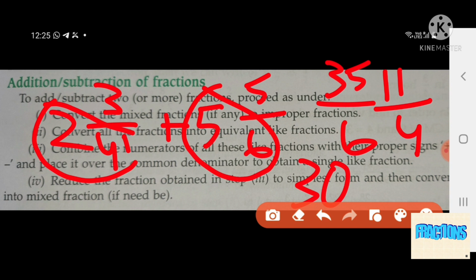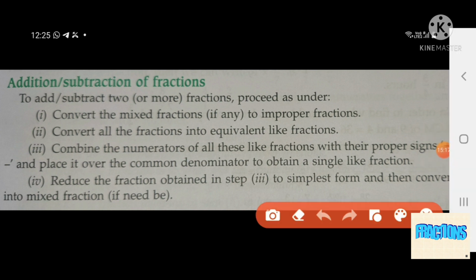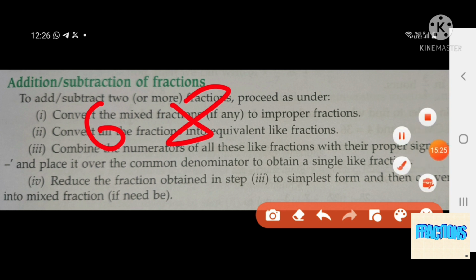Now we have to make them equivalent like fractions. So for this, they were 6 and 4. We have to make them like fractions. So we will take 24, one and only.